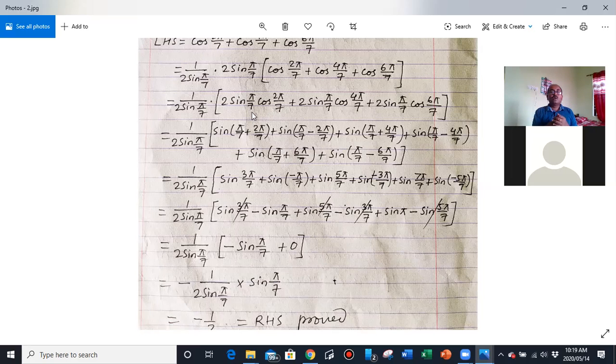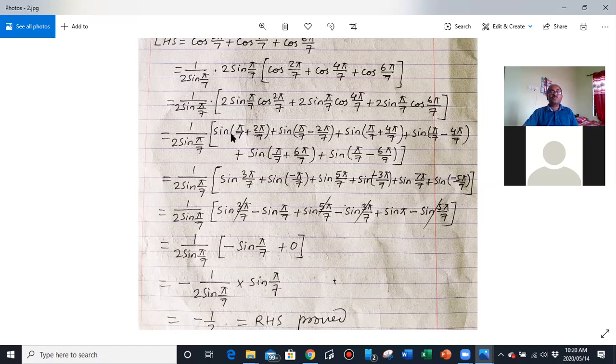So you know 2 sin A cos B is sin (A plus B) plus sin (A minus B). We will apply it in this part, this part, and this part, with respective angles.